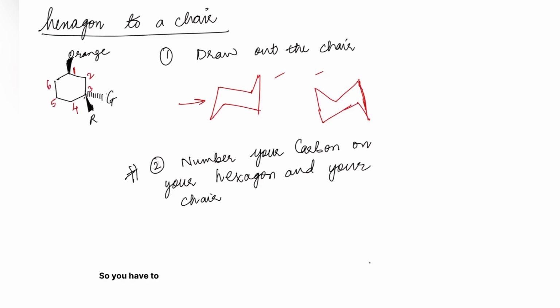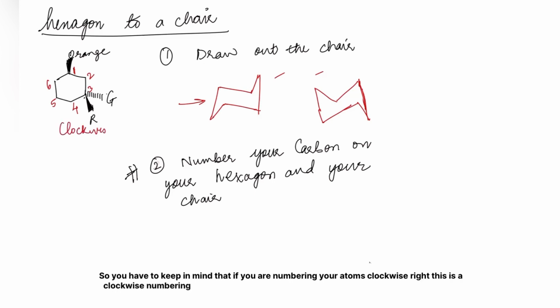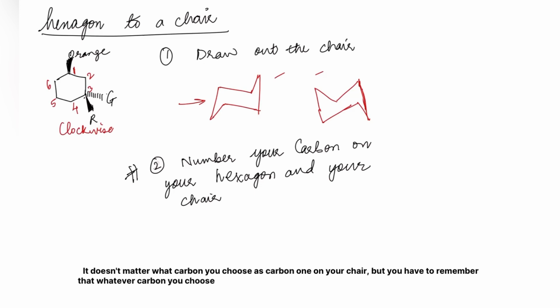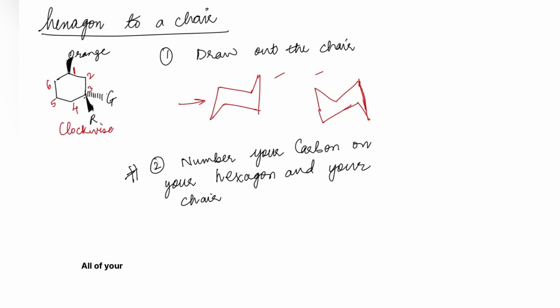So you have to keep in mind that if you are numbering your atoms clockwise, right? This is a clockwise numbering, then the numbering on your chair also has to be clockwise. Again, it doesn't matter what carbon you choose as carbon 1 on your chair, but whatever carbon you choose as number 1, the second carbon has to be in the clockwise direction of your numbering.